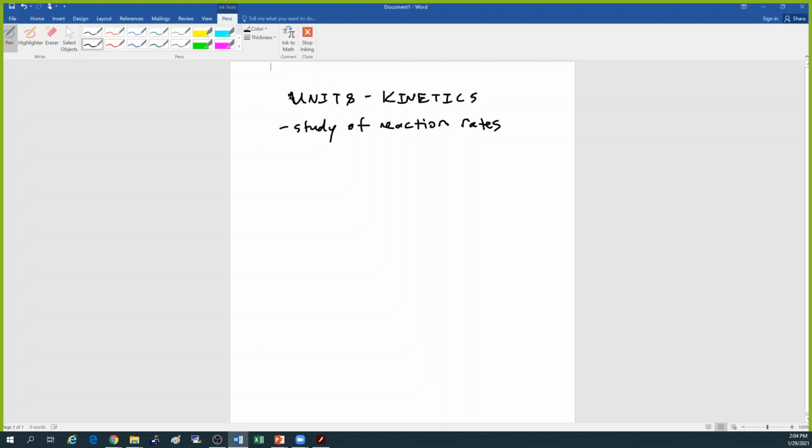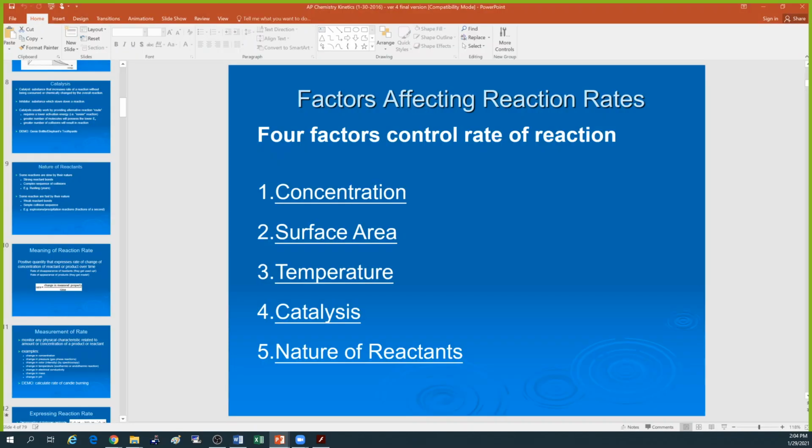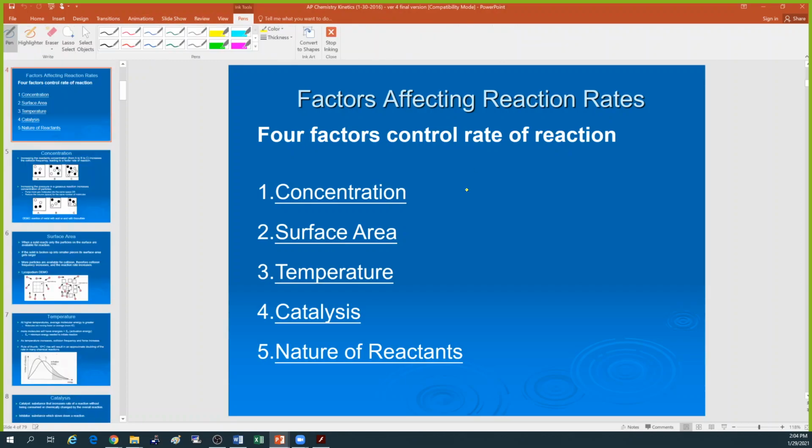So let's start with those main points of what influences the rate of a reaction. And I'm willing to bet that you could probably already take a stab at answering this. So what I'm going to ask you is, if you considered the concentration of the reactants in a reaction, how do you think this would influence how fast the reaction goes?